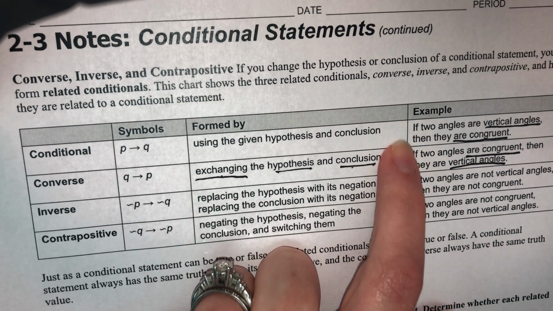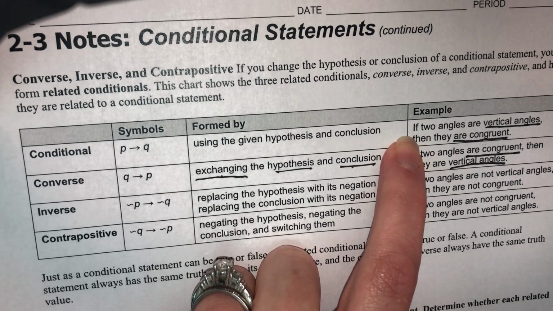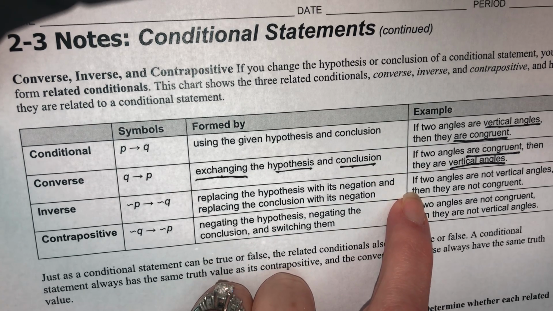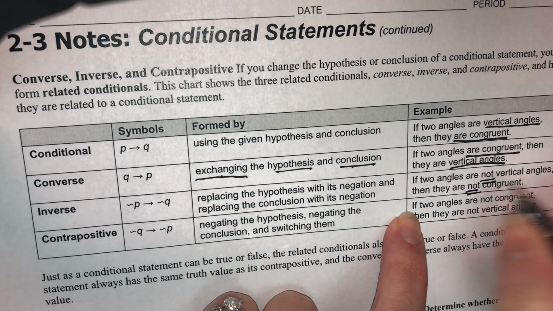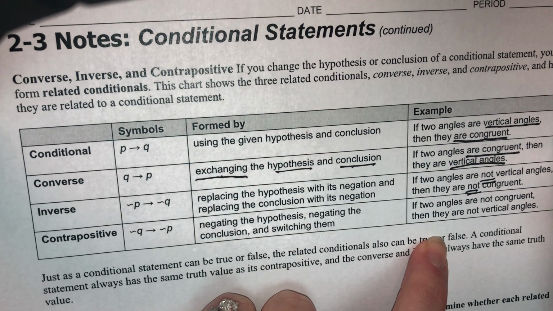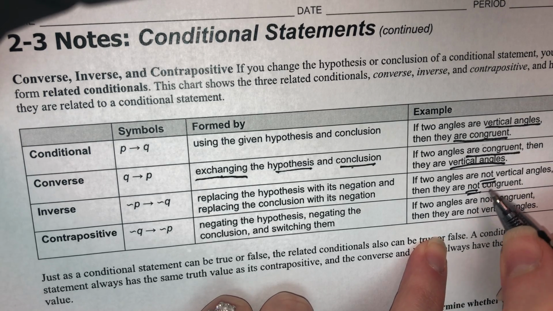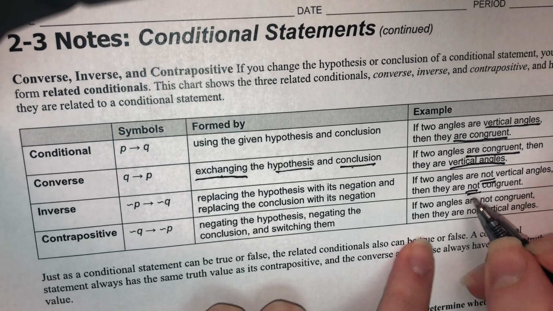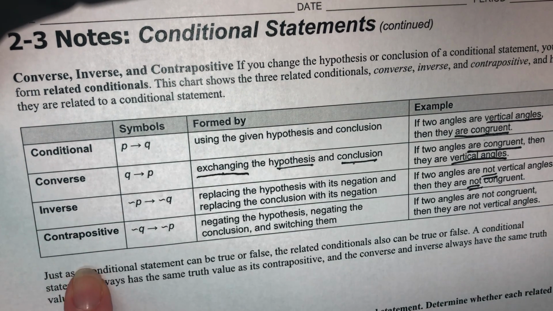So going back to the original conditional statement, if two angles are vertical angles, then they are congruent. They say if two angles are not vertical angles, then they are not congruent. So we've still started with the conditional, but we've added the word not in twice. Once into the hypothesis and once into the conclusion. That creates a statement called the inverse of the statement.